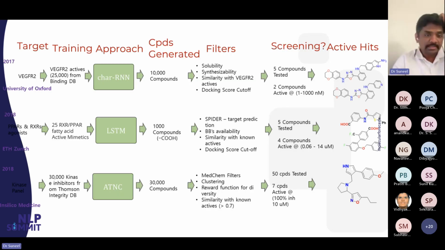Right. So these are some success stories. I was supposed to discuss my own success stories here, but because of publication, it didn't move to the next level, so I thought I could discuss published success stories. As I mentioned, generative chemistry was initially proposed in 2017, and now they're aggressively using it.